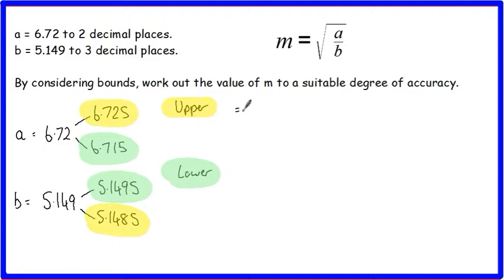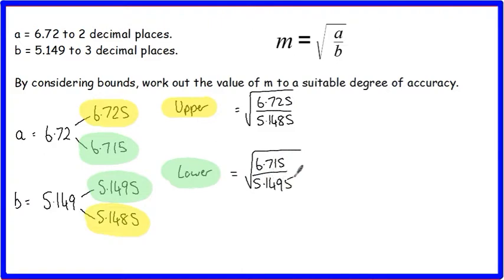So that is going to be the square root of A, looking for the upper, 6.725 divided by 5.1485. And the lower is going to be the square root of 6.715 divided by 5.1495. So just type these in.